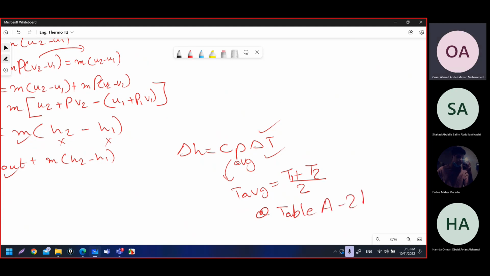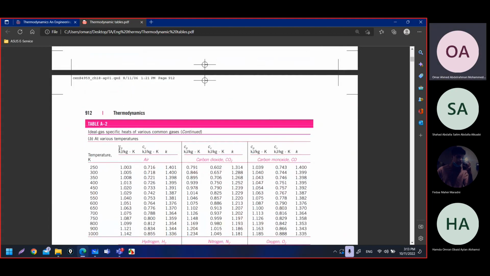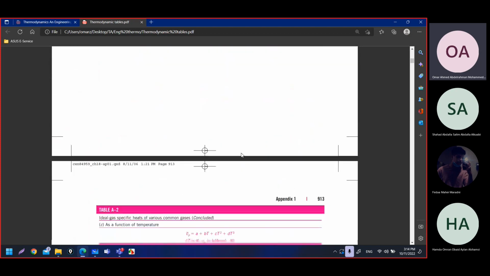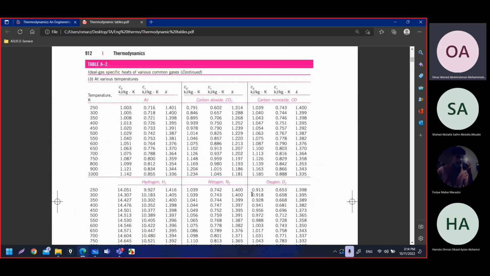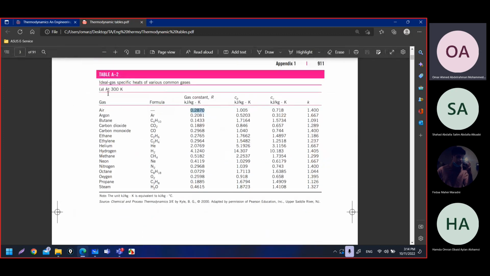In table A-2b, you will have different values for Cp and Cv for different gases. If you don't have any of these gases, then you will use table A-2a under 300 Kelvin, and you will just take these numbers Cp, Cv, or k.